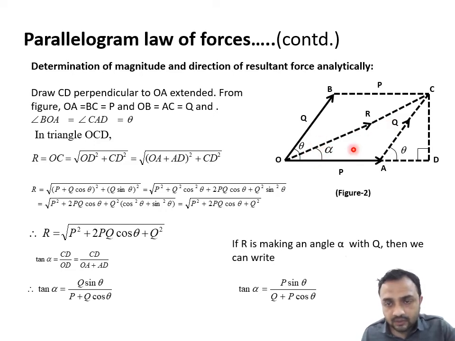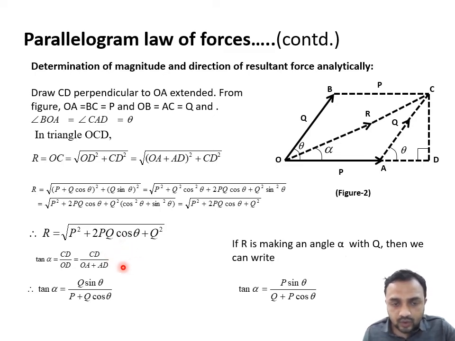Here we are considering the OCD triangle. So P is CD, and B is OD. So here we write that tan alpha equals CD by OD, and OD can also be represented as OA plus AD. Again, what is the value of CD?